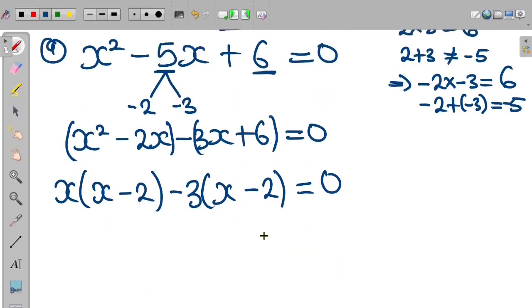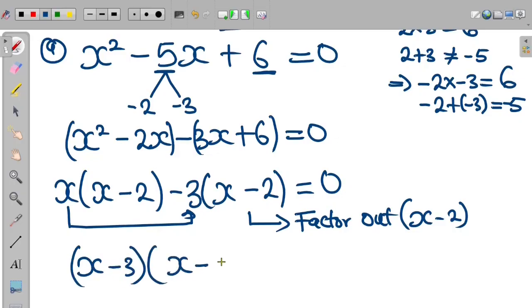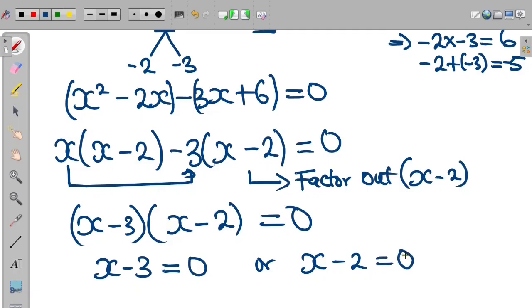Now at this point, we factor out x minus 2. If we do that, we can combine these terms together. So we have x minus 3 multiplied by x minus 2 equal to 0. So therefore, this becomes x minus 3 equal to 0, or x minus 2 equal to 0.